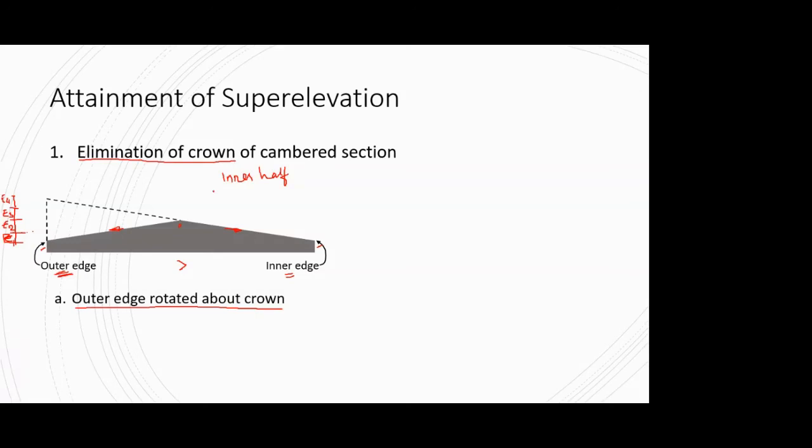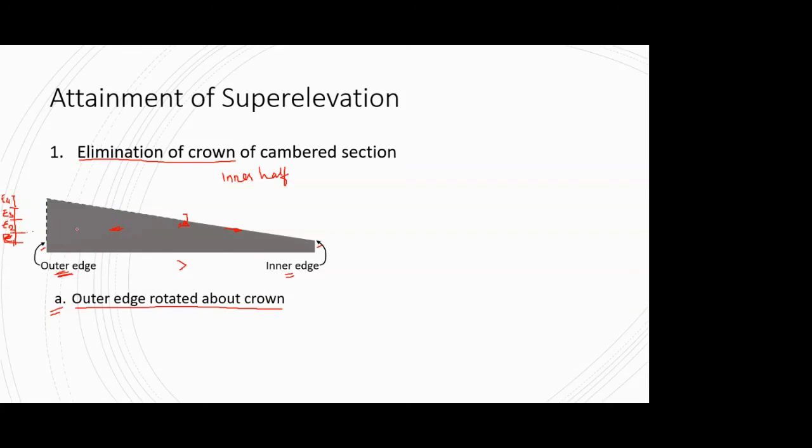But how are we eliminating it in the first, or the A method? We are eliminating it by raising the outer edge. That outer edge is nothing but this initial outer edge, and we are simply raising it about the crown. So I am turning it around this crown part, and then I raise it gradually by an equal amount, and then at the end what I get is a pavement or a cross section which has no crown.